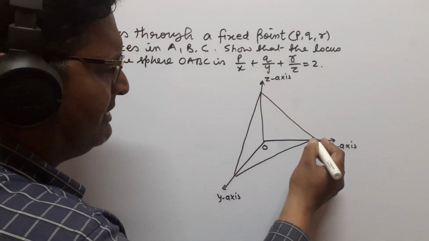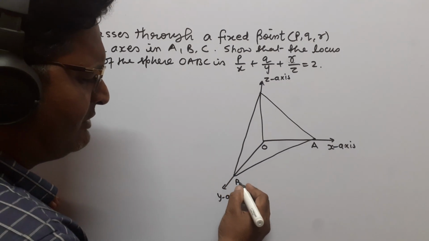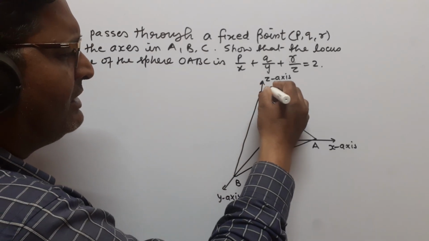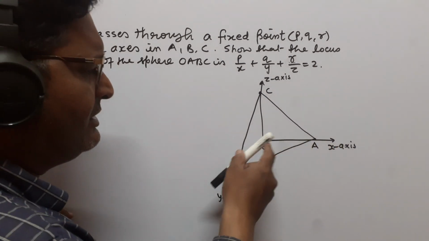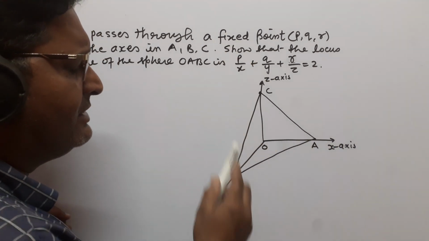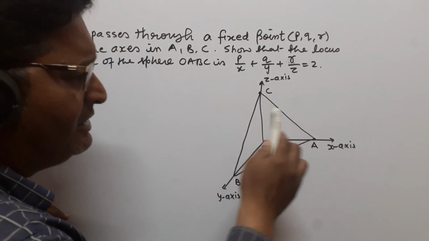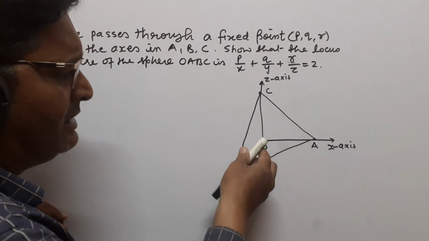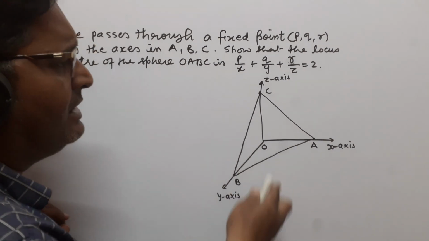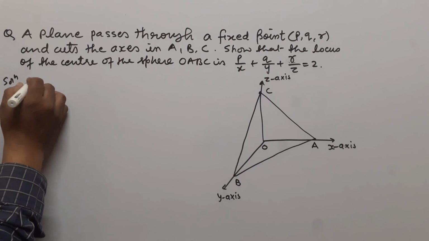Suppose that this plane cuts the x-axis at point A, the y-axis at point B and the z-axis at point C. This is the plane ABC, and O is the origin.